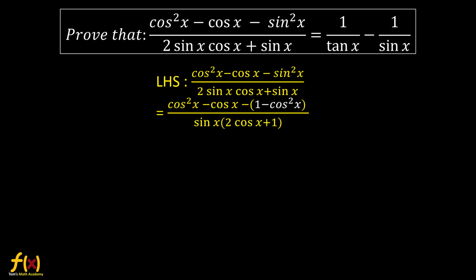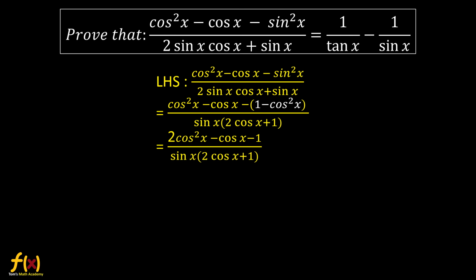Denominator, we have a common factor, that is sin x times 2 cos x plus 1. Now what we do here, we have cos square, then minus of 1 minus cos square. Minus of minus cos square gives us positive cos square. So we get 2 cos square x minus cos x minus 1.